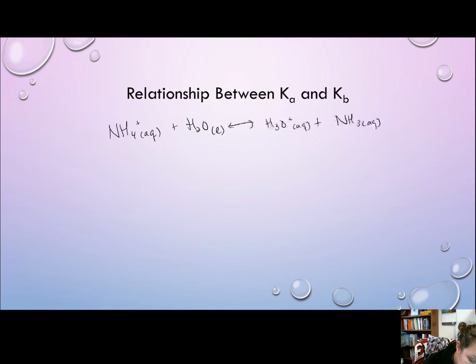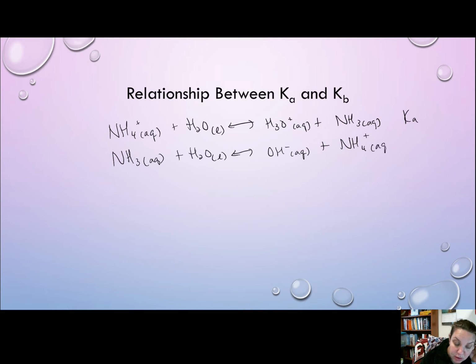Its conjugate, ammonia, when it reacts with water, ammonia is a base, so it's going to produce hydroxide, and its conjugate, ammonium, sorry. And that has a Kb associated with it.